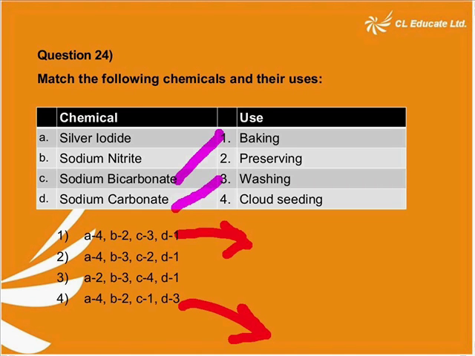Yes. Very, very easy question. Let's move on to question number 26. Lala Lajpat Rai died during Lathi Charge during the demonstration against which of the following steps by the British? Lala Lajpat Rai died in which of the following?